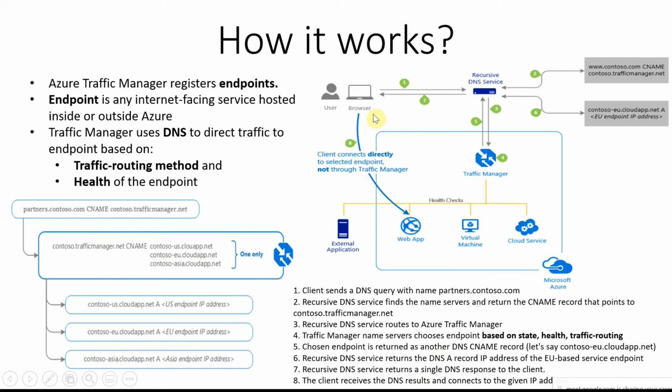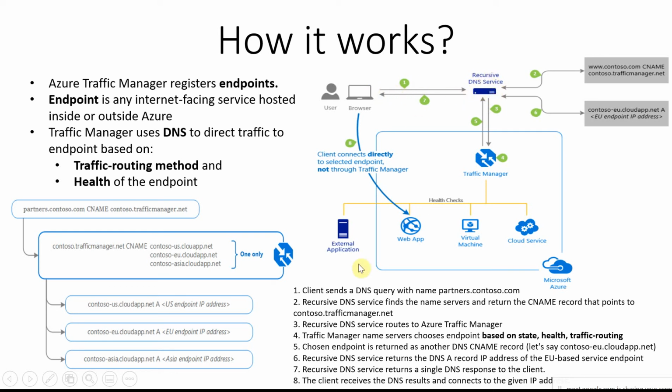Now when a user is trying to hit partners.contoso.com from a browser, what happens internally, outside the boundary of Azure, is in the general internet, where the domain naming system is available. Whenever you hit a domain name, google.com or partners.contoso.com, it should identify the IP address of it. That is where the recursive DNS service helps.